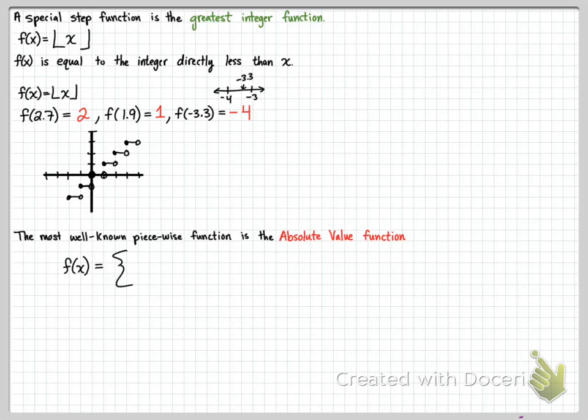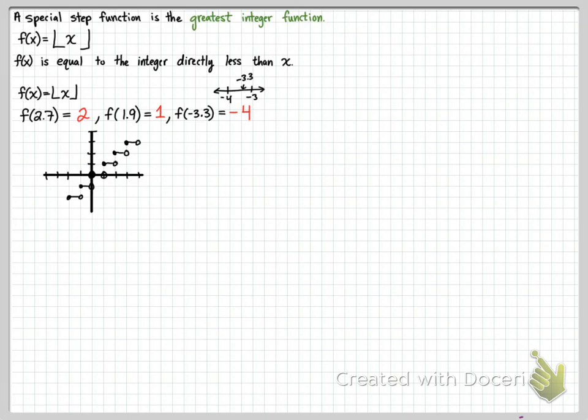So if I wanted to, following the same pattern, I would go open circle and then open circle. Okay, so now I can go negative 1, negative 2, negative 3.3 is going to be here, and f of x would equal negative 4.